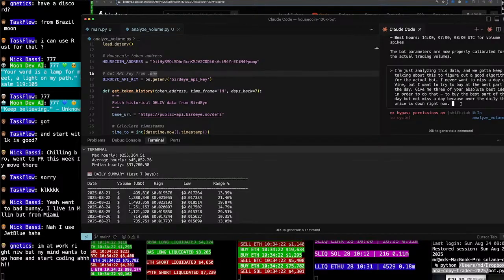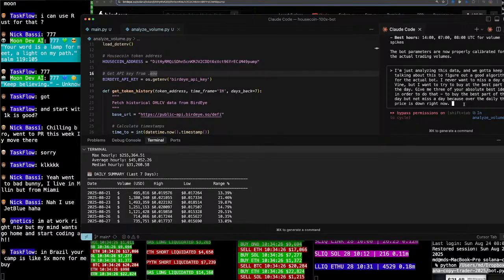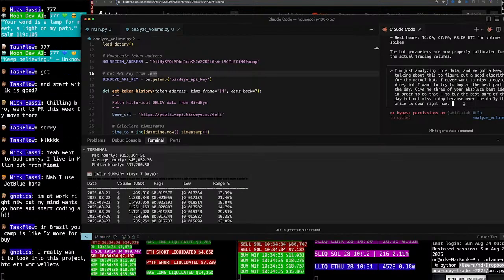Now, if we're over the daily 20 SMA, then we can try to buy at the best part of the day. But if we're under it, then we should just buy every hour between 8 a.m. and 12 p.m. Eastern time.